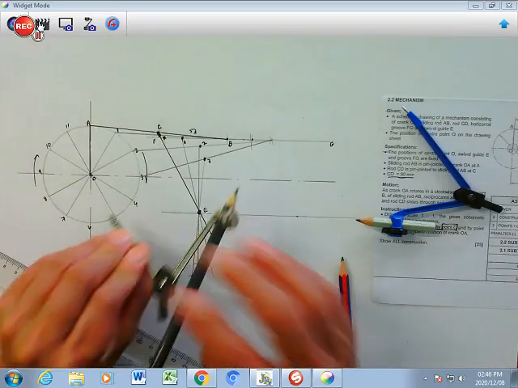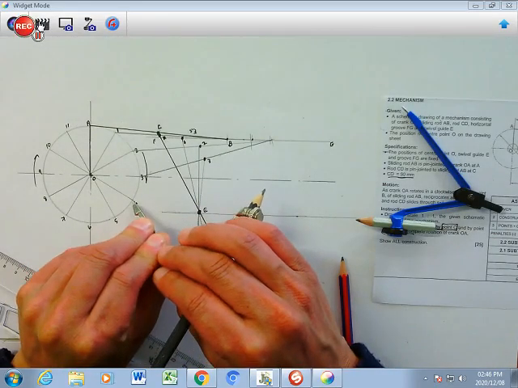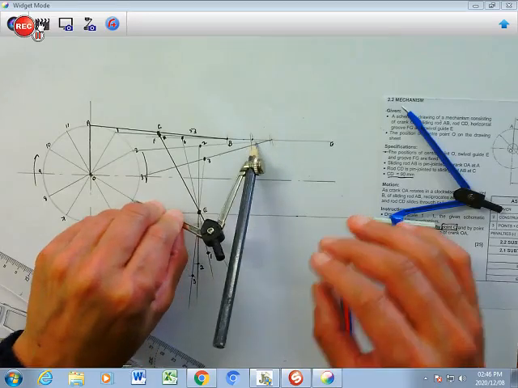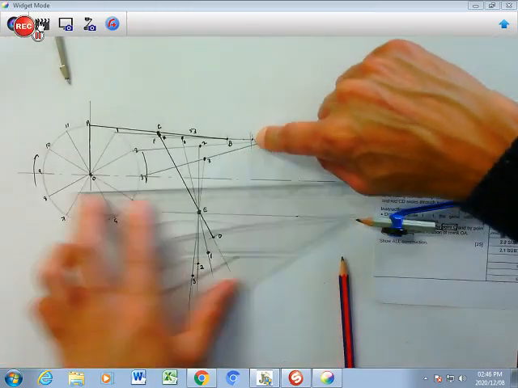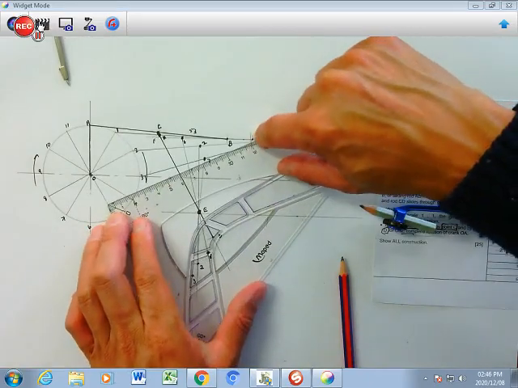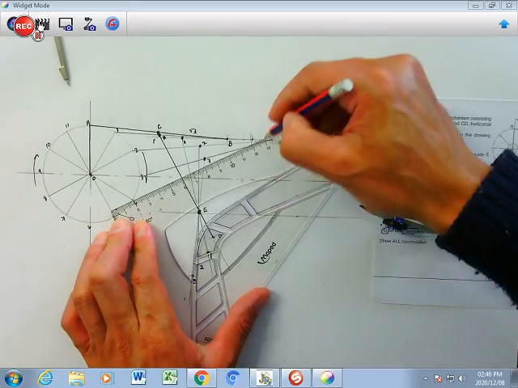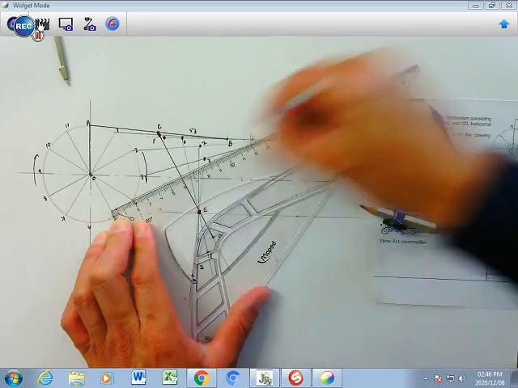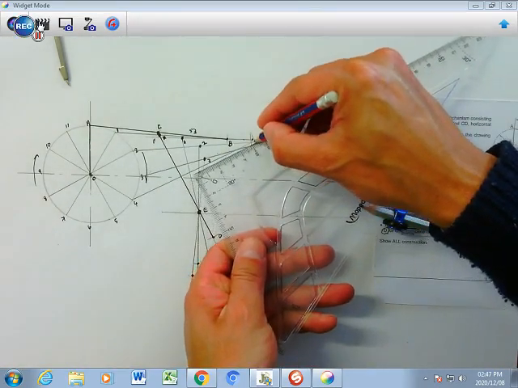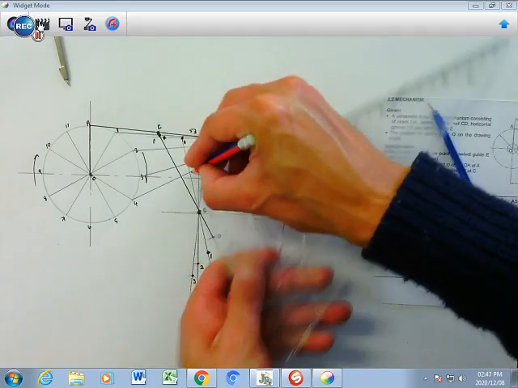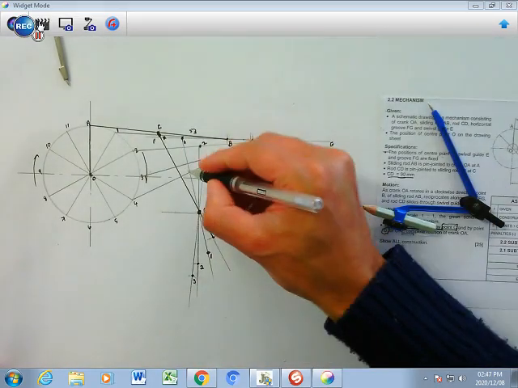Let's follow number 4. Number 4 is here, there, arc. Watch where my arcing is. Right, I take my ruler to number 4. Number 4, I measure off from that 53. There's my 53. I mark that clearly.